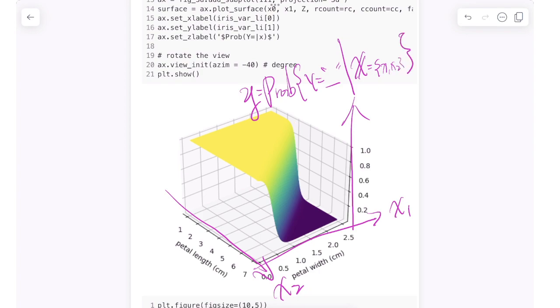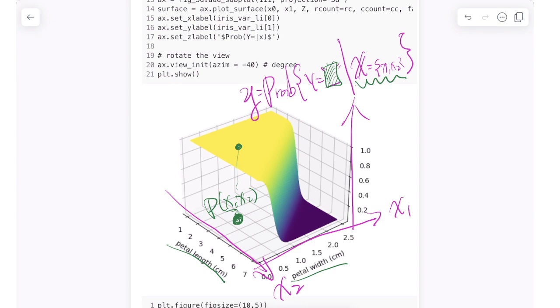So given a flower, for example this point P, it has x1 and x2, its petal width and petal length right here. Simply put it in here, and it tells you how possible the flower falls into this class.